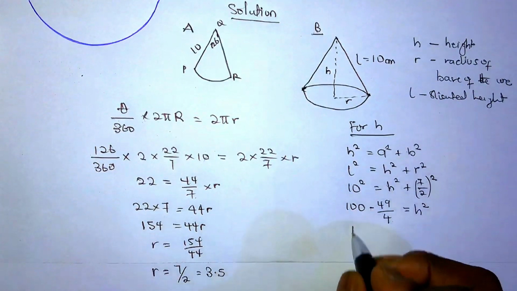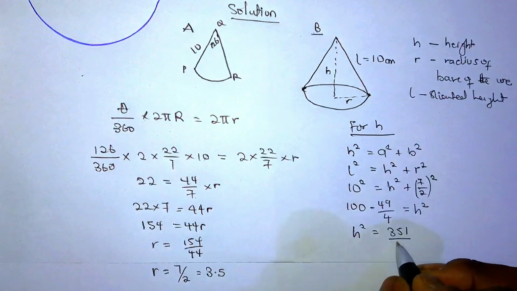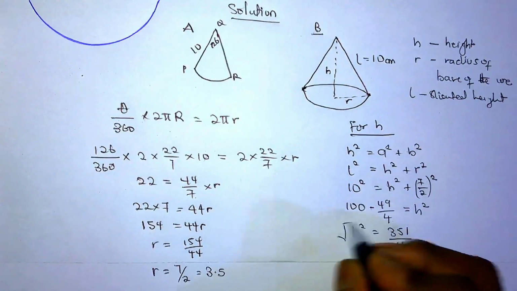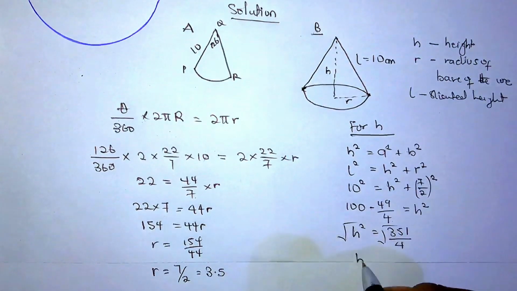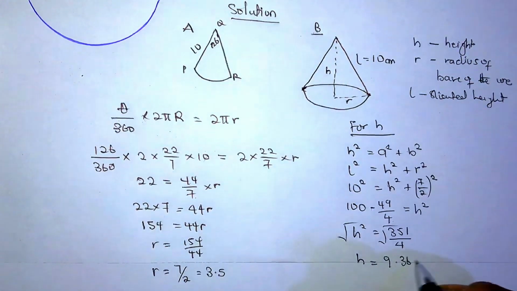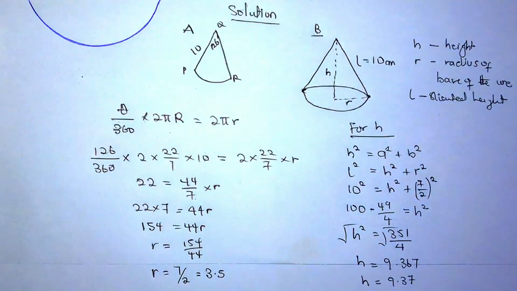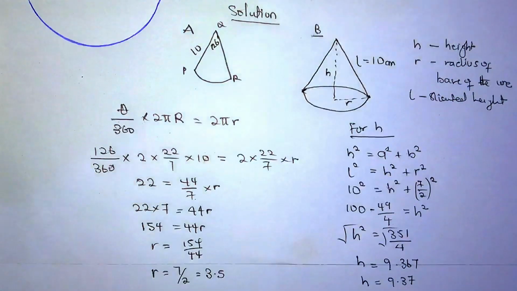So we are going to get H squared to be equal to 351/4. If we take square root on both sides, we are going to get H to be 9.367, approximately 9.37. So we have the radius and we have the height. So you can go ahead to answer the questions.